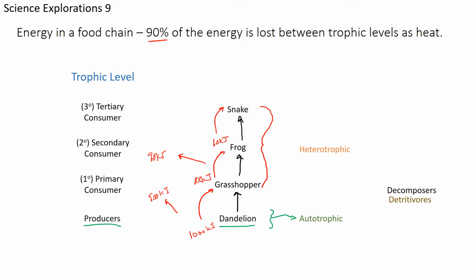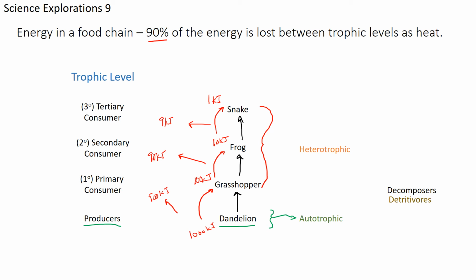And if we transfer that on to the snake again, we will lose 9 kilojoules of energy. There should be a unit, per mass of the organism, but this is simplified a little bit. And that snake will only then acquire 1 kilojoule of energy per unit of frog that it consumes.